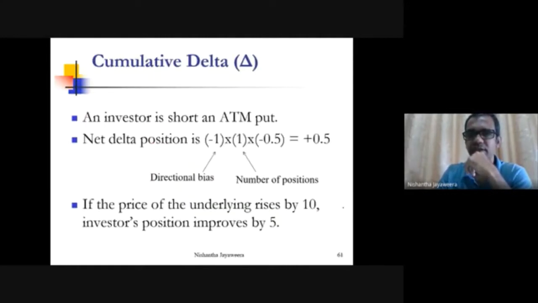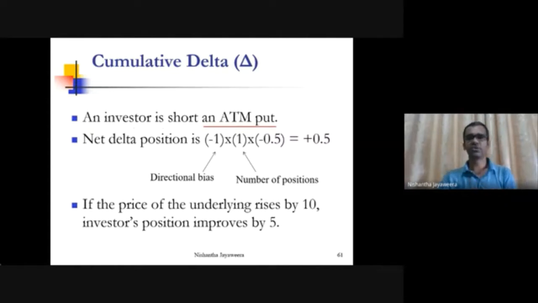So you will realize this when we do an example. An investor is short an at the money put. That means the investor has sold an at the money put option. What is his delta? For an at the money put, delta is -0.5. That is fine. Number of positions that he has, only 1.